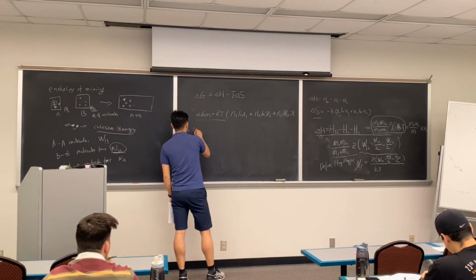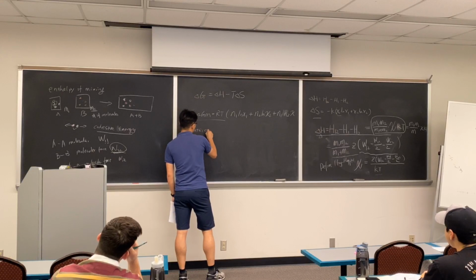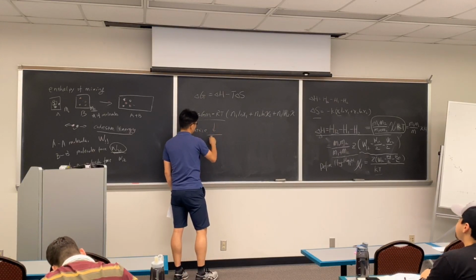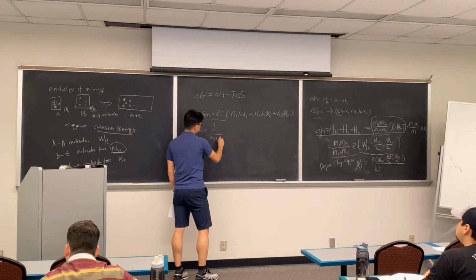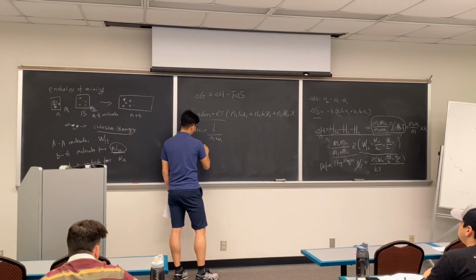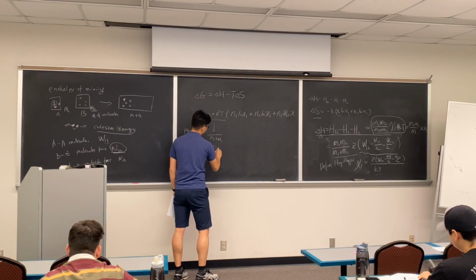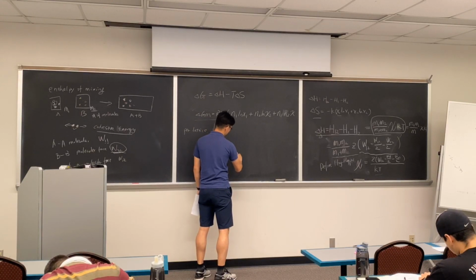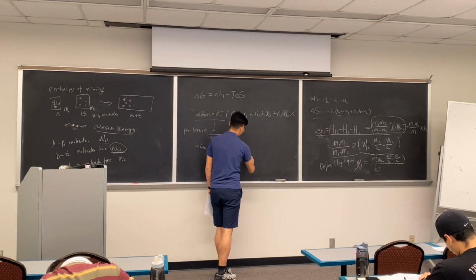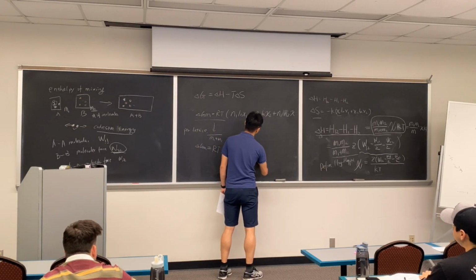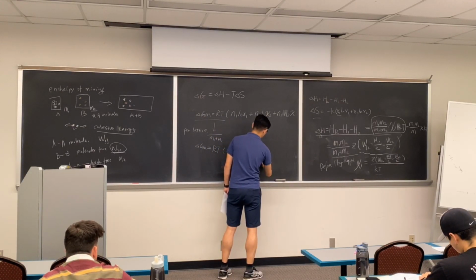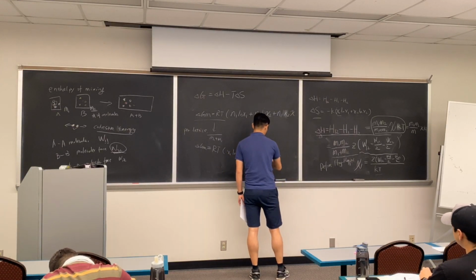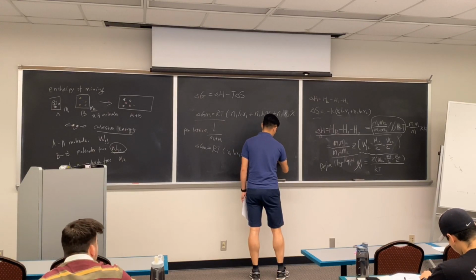There's also a way to better define it per lattice site, because if we divide the top by the number of lattice sites, which is N1 plus N2, we can basically get delta g mixing equals RT times x1 log x1 plus x2 log x2 plus, I think I got this wrong, sorry about that, x1 x2 chi.